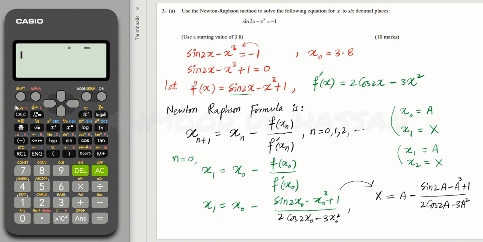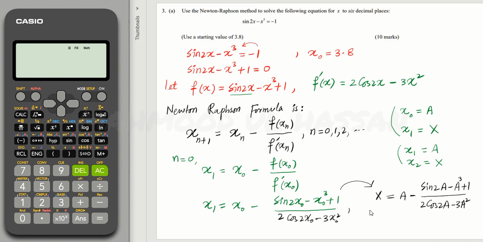Press shift, then setup, and on 6 we have fix, so we press 6, and then from 0 to 9 we choose 6, because we need 6 decimal places. So our calculator is in radian mode as well as fixed to 6 decimal places.